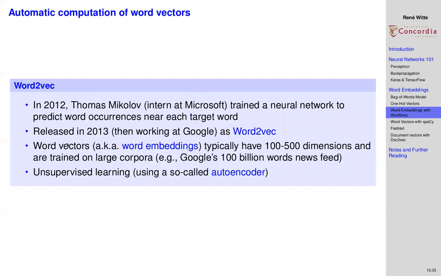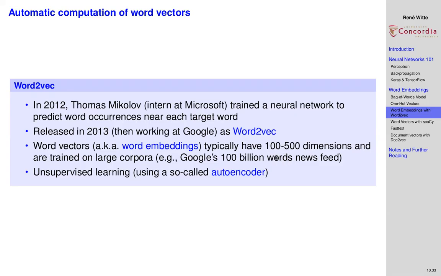So nowadays, these word vectors are what's known as word embeddings. And typically, you calculate them with a few hundred dimensions. So this is very different from TF-IDF vectors, for example. Remember there, the vector is the size of the vocabulary, which can be thousands of dimensions. So here, this is way smaller.